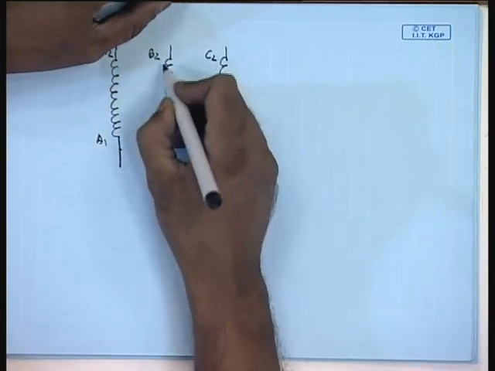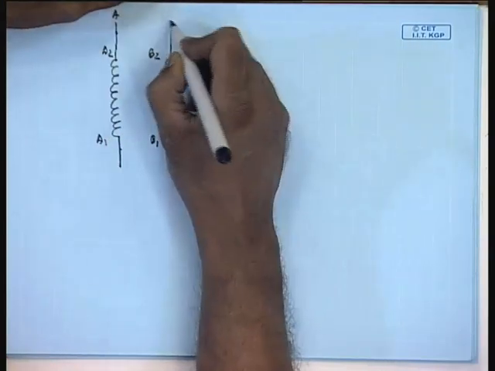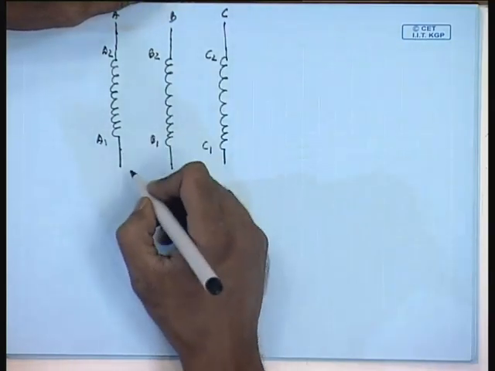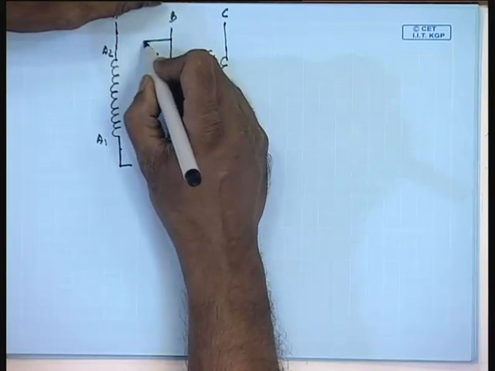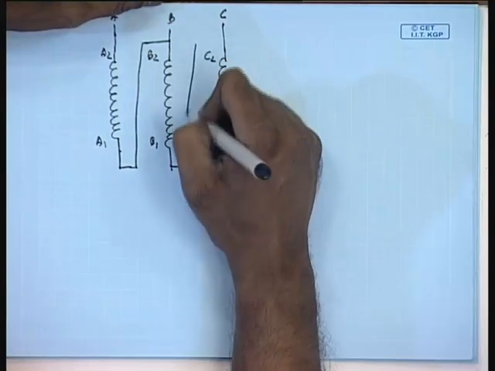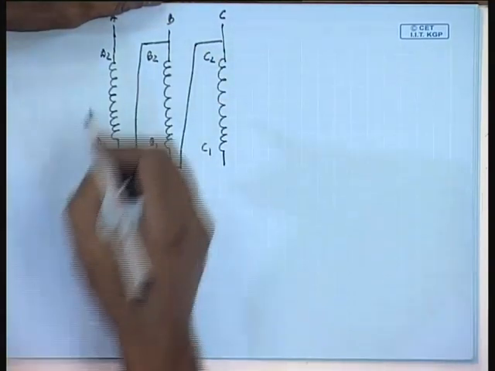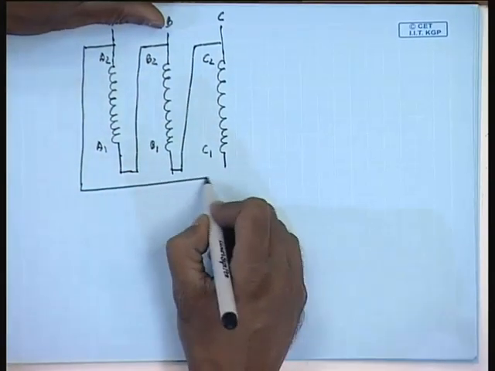A1 is connected to B2, these are terminals A, B and C. A1 is connected to B2, B1 is connected to C2 and C1 is connected to A2.